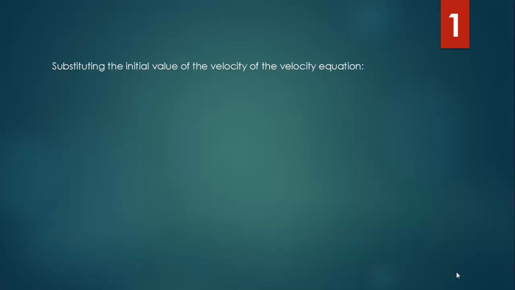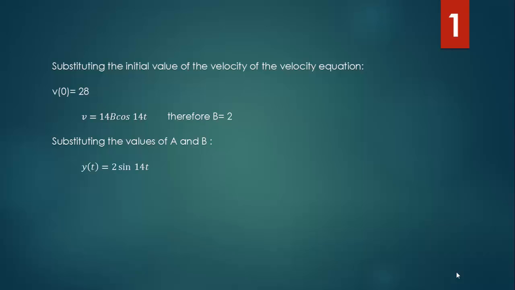By replacing the initial velocity condition into the velocity equation, we have v equals 14b cosine 14t. We find that b equals 2. And thus, the motion of the weight for t greater than or equal to 0 is described by the equation y equals 2 sine 14t.